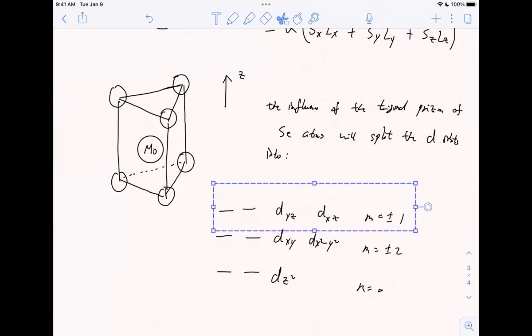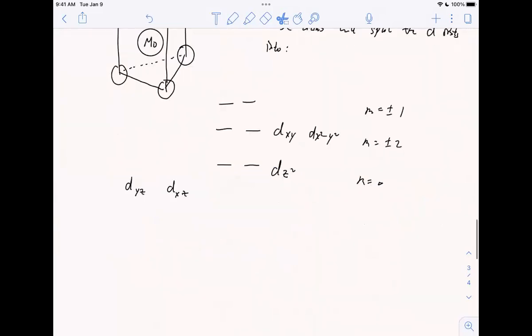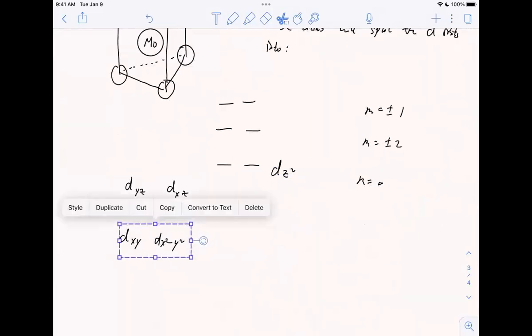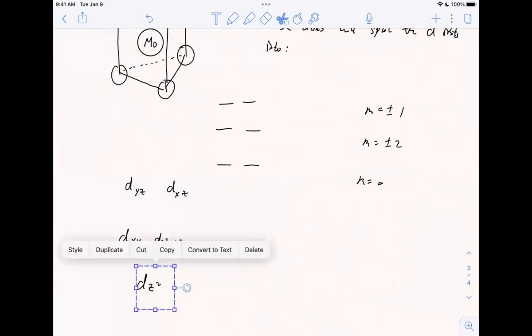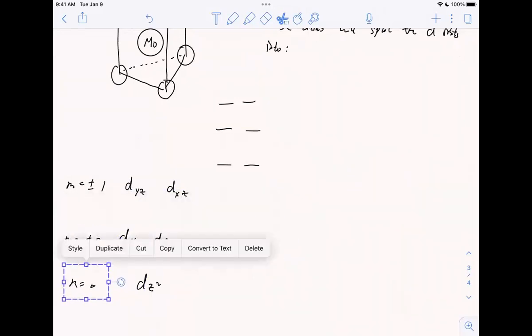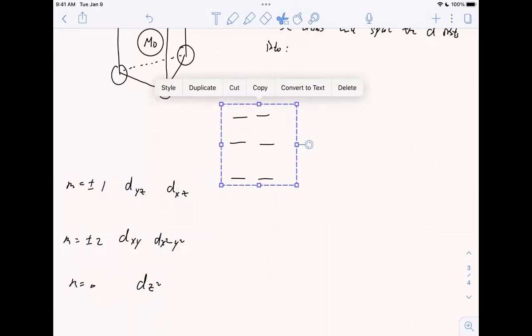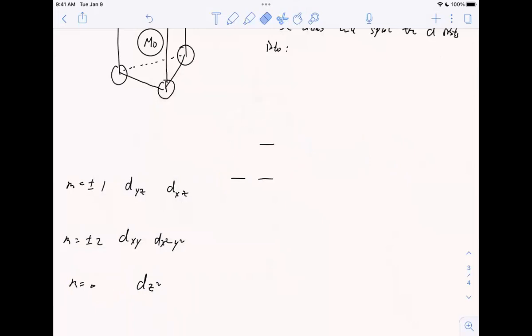Okay, let me do it like this. Plus and minus 1. So each of these is going to, let me just draw one line.